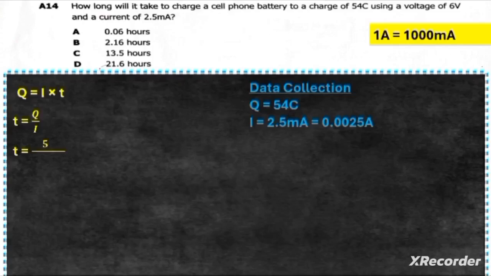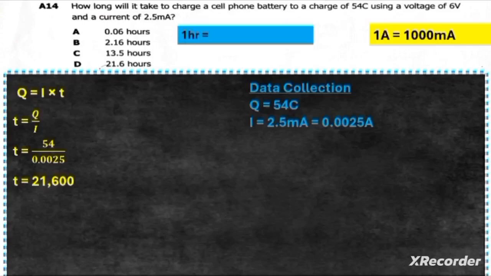So therefore, time is equal to 54 divided by 0.0025 amperes, and we are going to get 21,600.